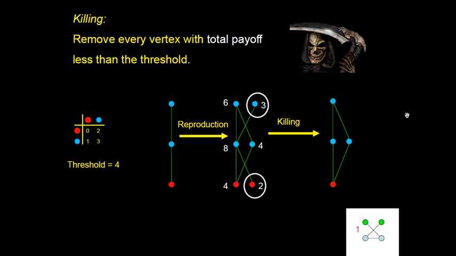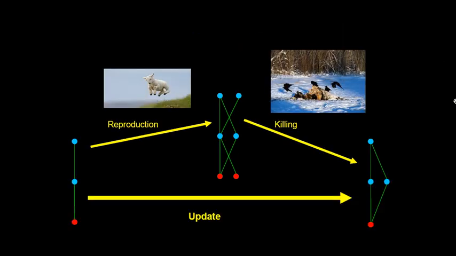Right, so let me go through this again. An update consists of a reproduction stage and a killing stage, okay? So if we want to think of these things as biologically inspired, we can think of the reproduction stage as something like spring, when parents produce offspring who have a similar strategy and surroundings to their parents.